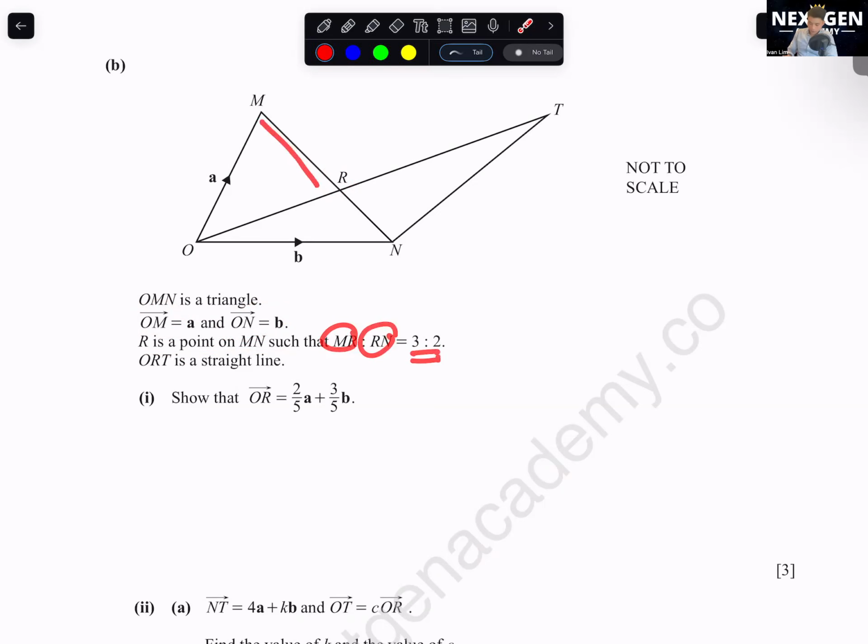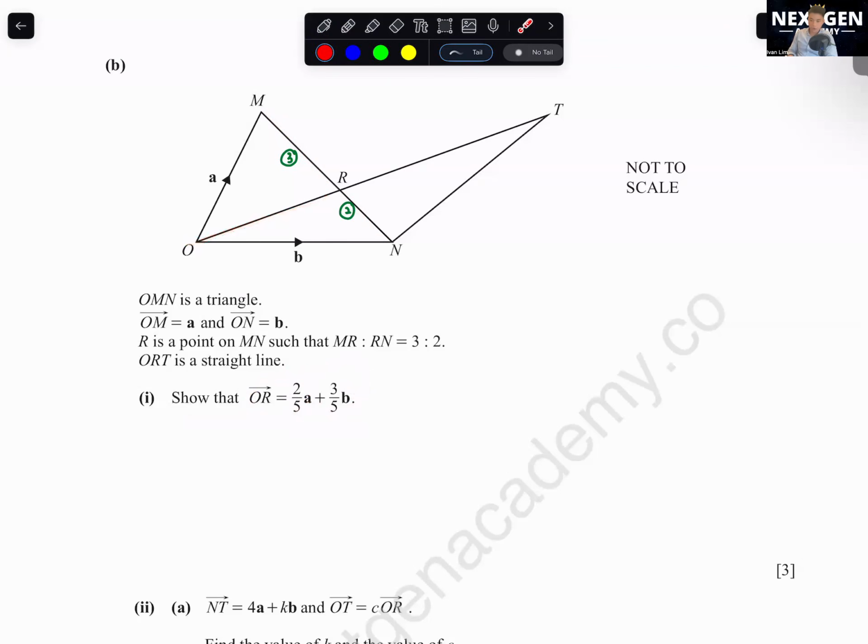Okay, so MR to RN. So let's write down this ratio first. When you write ratio, this is what I want you to do. You write the ratio, you put it in a circle so that you don't confuse between ratio and the vector itself. Okay, so that means this one is 3 parts, this one is 2 parts. Now they say show that OR is 2/5A plus 3/5B.